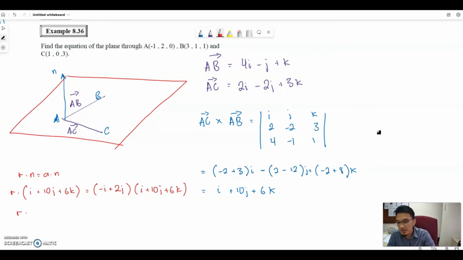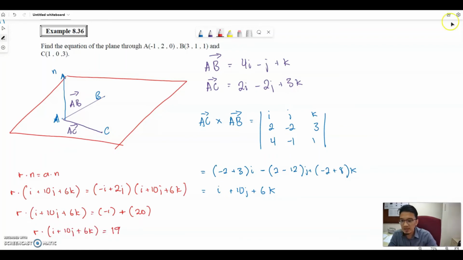So r dot n equal to -1 plus 20. So r dot (i plus 10j plus 6k) equal to 19. So that is the vector equation for the plane based on criteria number 2.